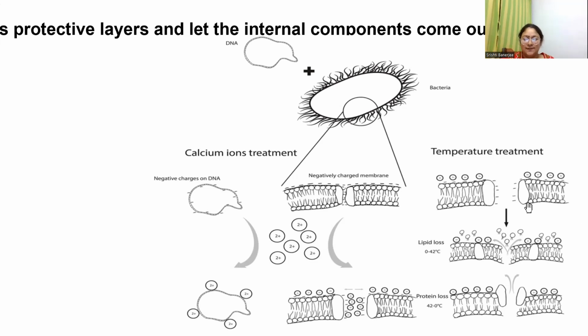So here you see the lipids have dislodged, and through it the DNA will get in. Once that is done, you bring the temperature back to 0 degrees, and these pores shrink, and the cell membrane comes back to its original state, but the DNA has already entered the cell.